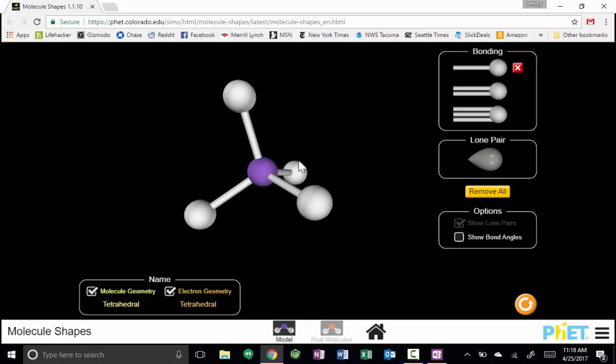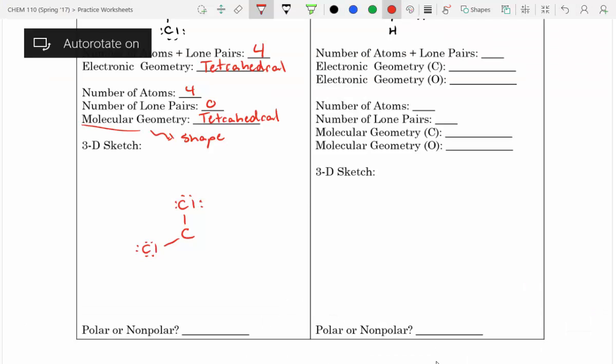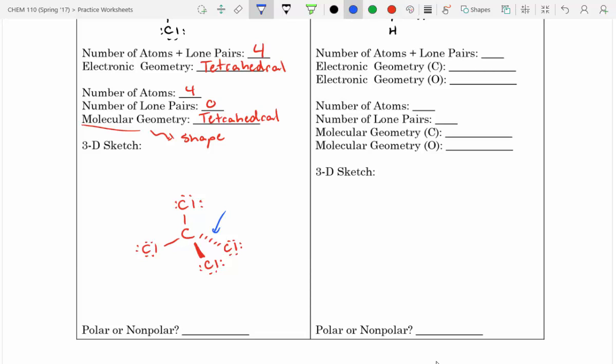But one of these chlorines is in the back and one's coming forward, so we have to represent that using a special drawing technique. And what I really like to do is for the ones sticking towards you, turn them into wedges. So this chlorine's kind of poking out at us, so we'll represent that with a wedge. The other one was kind of sticking behind us, so I'll show that with a dash. So this means pointing back. And this one means pointing forward.